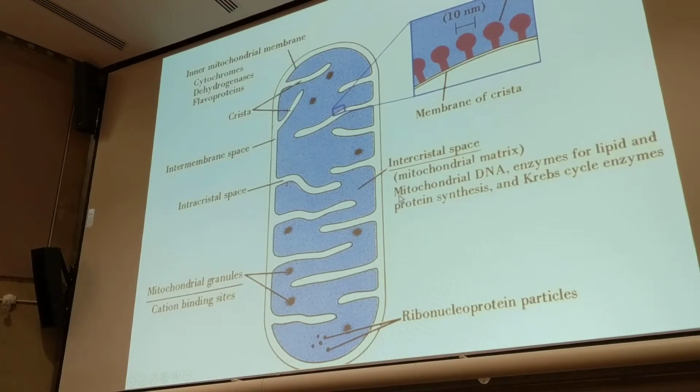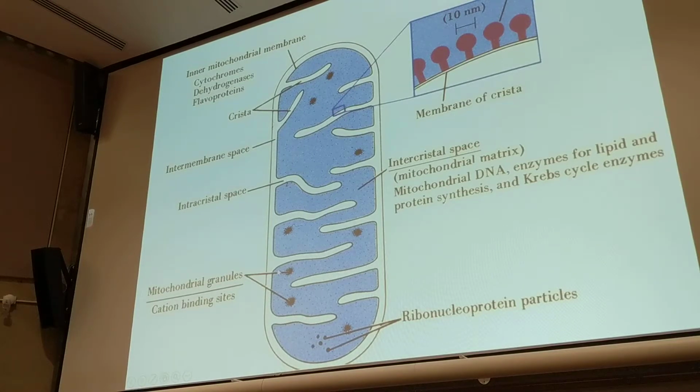This DNA bears a few genes, but there are many more proteins within the mitochondrial structure. So how can this happen? This can happen only because there's a lot of protein import from outside, from proteins that are being made in the cytosol. They translocate into the mitochondria, and they form all the complexes required for the synthesis of ATP.